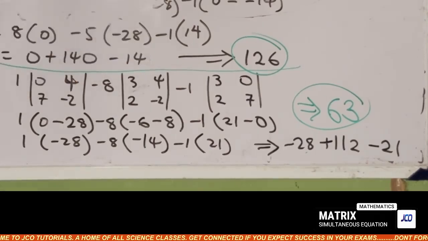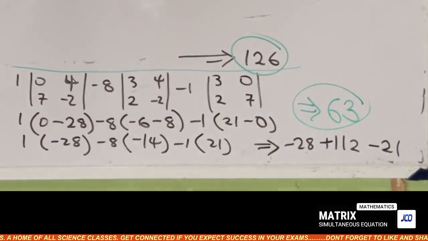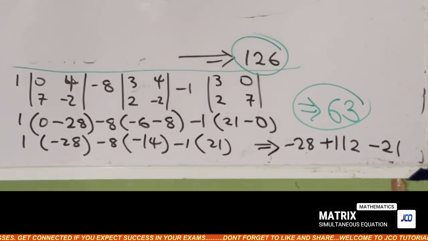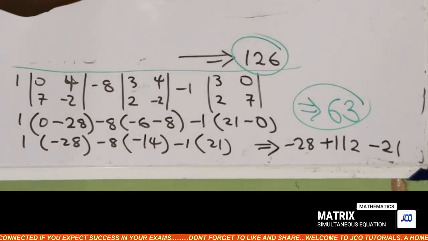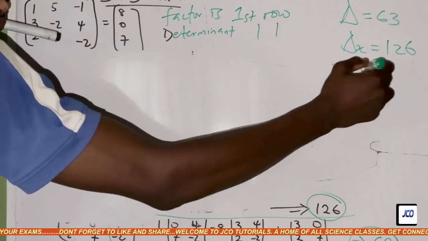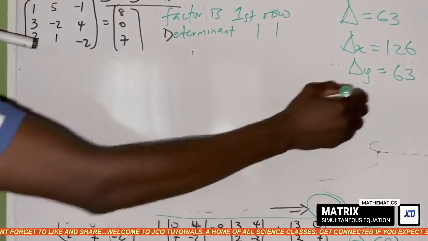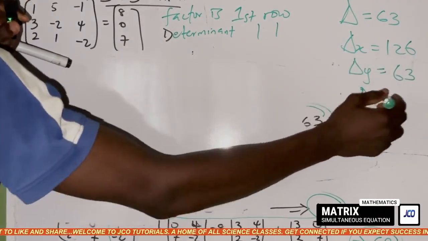Determinant of z is what we're looking for now. So we know that our determinant is 63. Our determinant of x is 126. Our determinant of y is 63. Now we're looking for determinant of z.